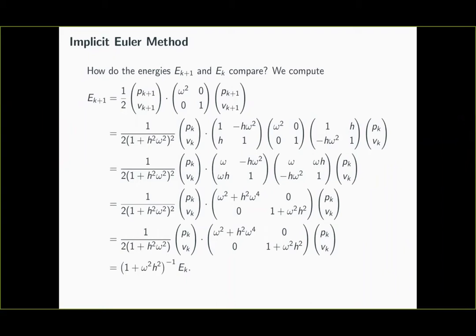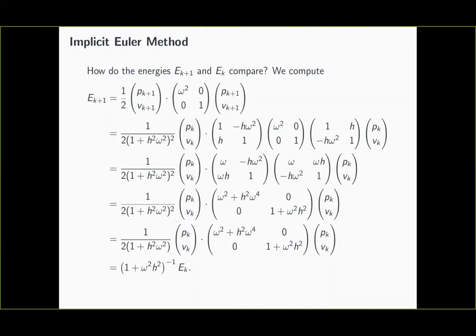We compute these matrix products in the middle, and doing some simplifications, which I'm not going to read aloud, we finally find that E_{k+1} equals the inverse of 1 plus omega squared h squared times the energy E_k. So here it is the other way around.